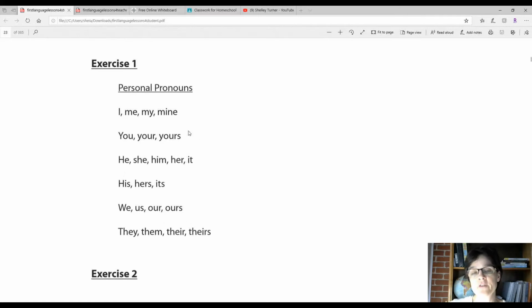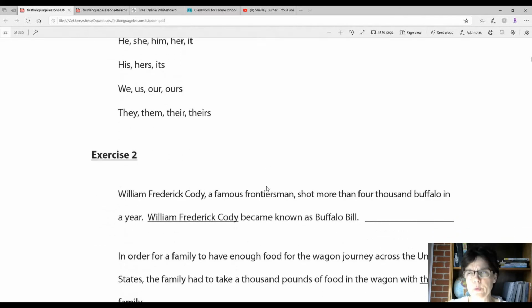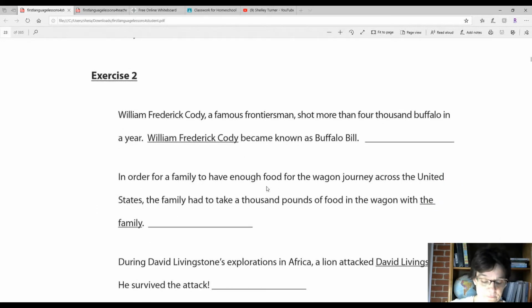It would be a good idea for you to read over these several times, maybe even write them down. A lot of times if I want to remember something, I have to write it down. So, all right, let's move to exercise 2 then. What you're going to do in these sentences, and you can pause it or you can wait and do it when we're finished, it doesn't matter, is read the sentence.